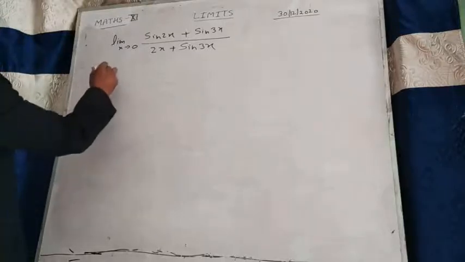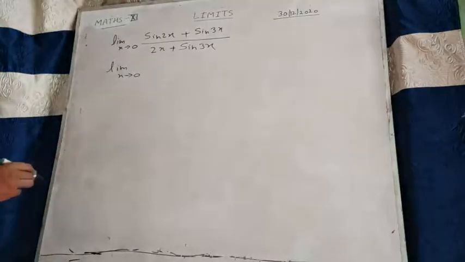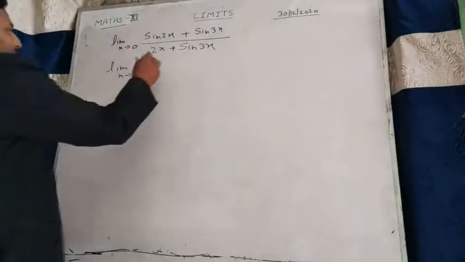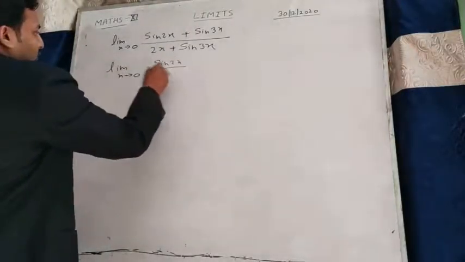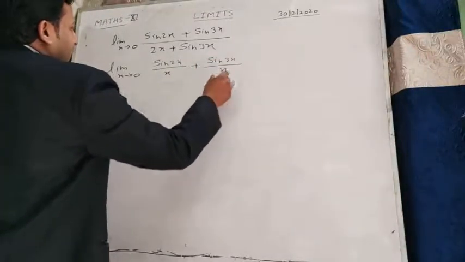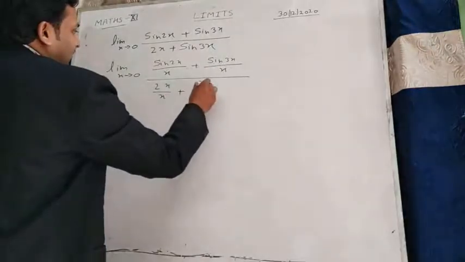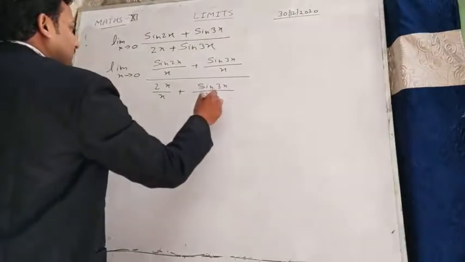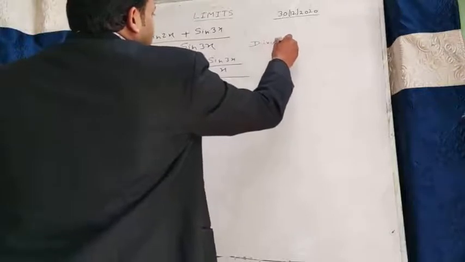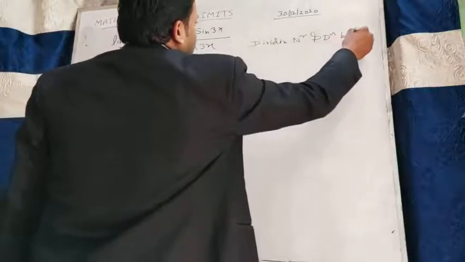Okay. So limit x tends to 0. First of all, we will divide the numerator and denominator by x. So we get (sin 2x/x + sin 3x/x)/(2x/x + sin 3x/x), dividing numerator and denominator by x.